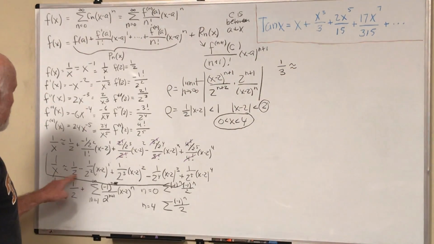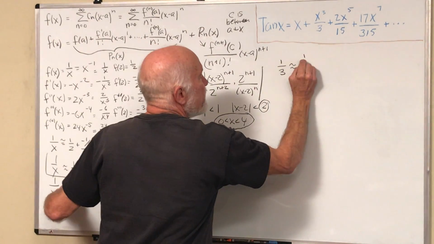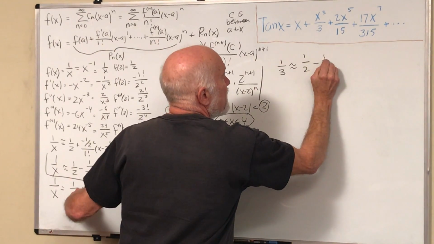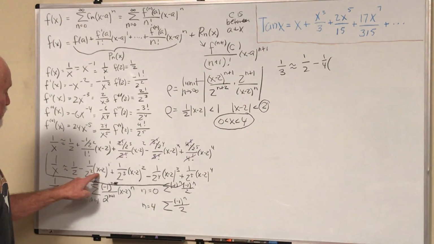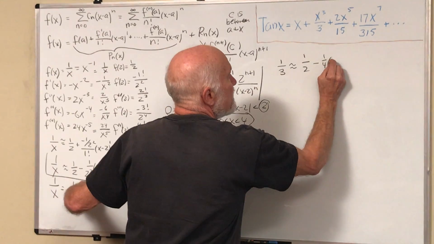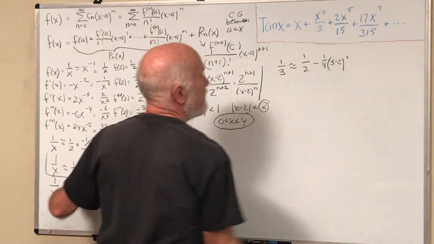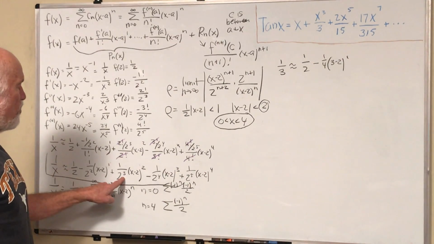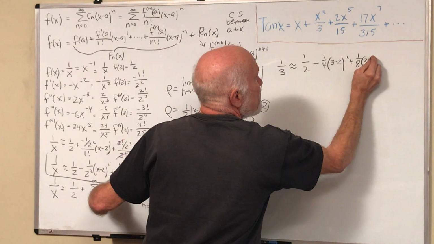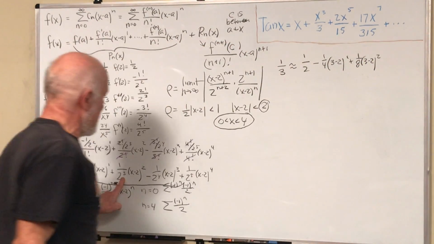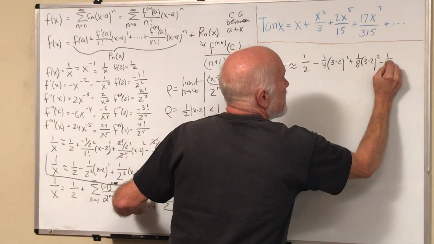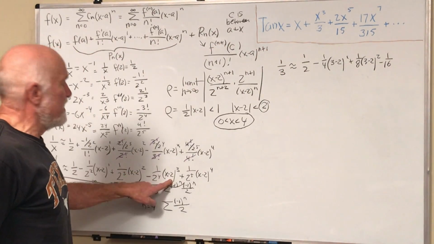So 1/3 is approximately, and the first term is 1/2 minus 1/4 times 3 minus 2, because you're putting 3 in for x. So that's just going to be, I'll just write it in there, to the first power, plus 1/8 times (3 minus 2) squared, and then minus 1/16 times (3 minus 2) cubed.